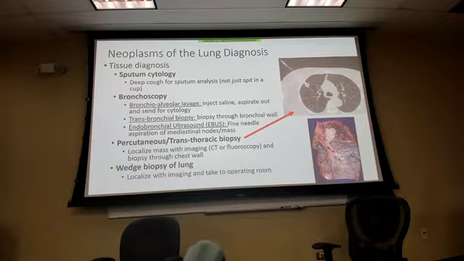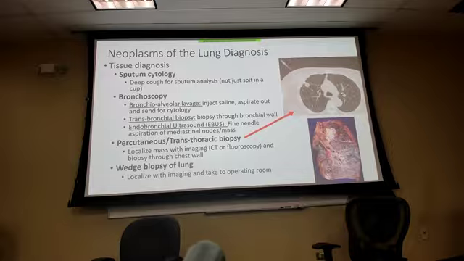For percutaneous and transthoracic biopsies, this is a good picture. Transcutaneous meaning from outside in, transthoracic means through the thorax. And then wedge biopsies, okay? This is when we go in and take a section, or we try to get all of that mass out with a wedge. That's in the operating room.